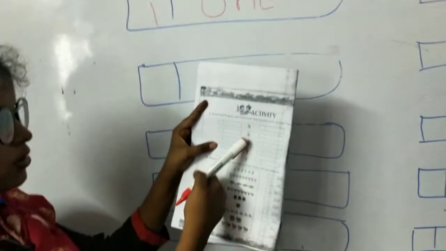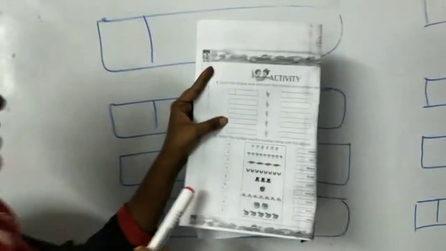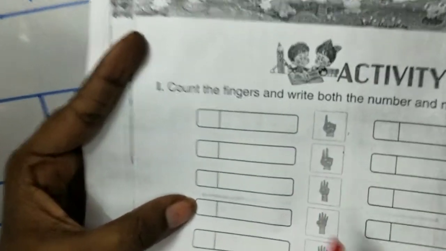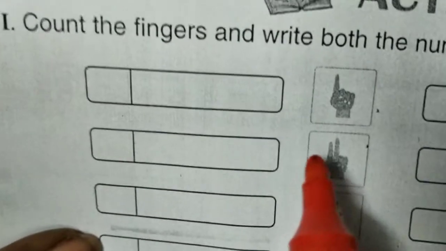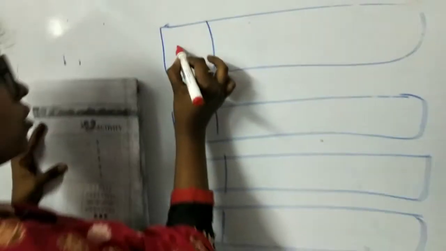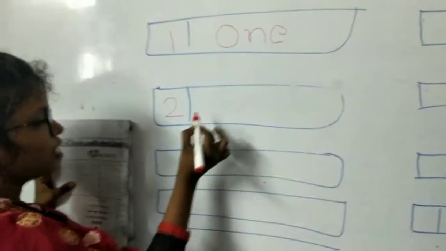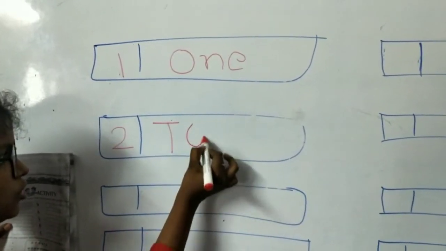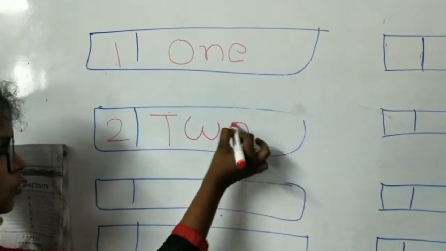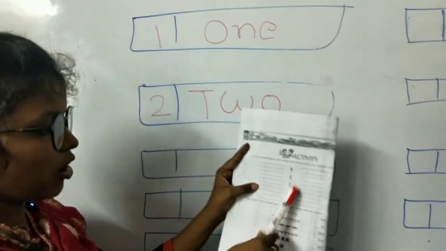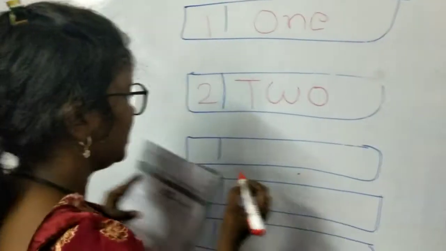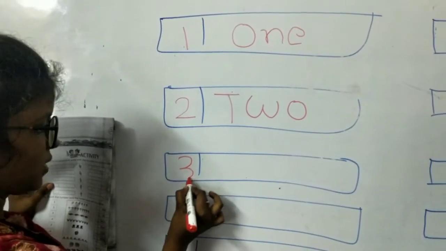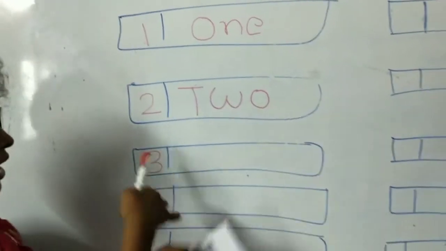And next, how many fingers are there here? 1, 2. So, 2. What is the spelling of 2? T-W-O, 2. How many fingers are there? 3. See the fingers and you have to write the numbers.